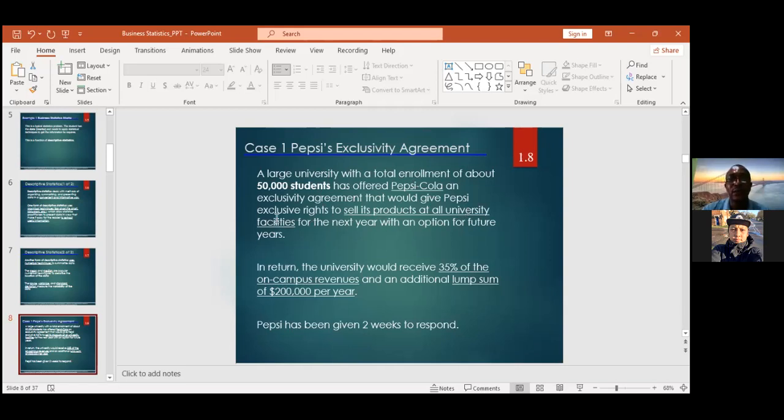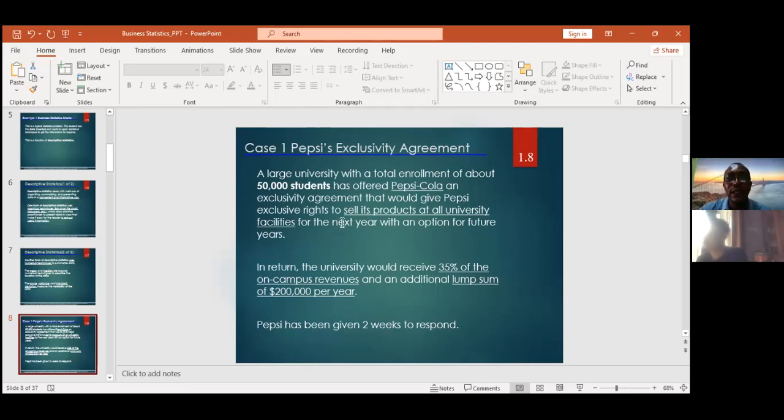It sounds very good for the next year, with an option to extend the agreement for future years. But there's a condition. In return, the university will receive 35% of on-campus revenue and an additional lump sum of $200,000 per year. So Pepsi has been given 2 weeks to respond.